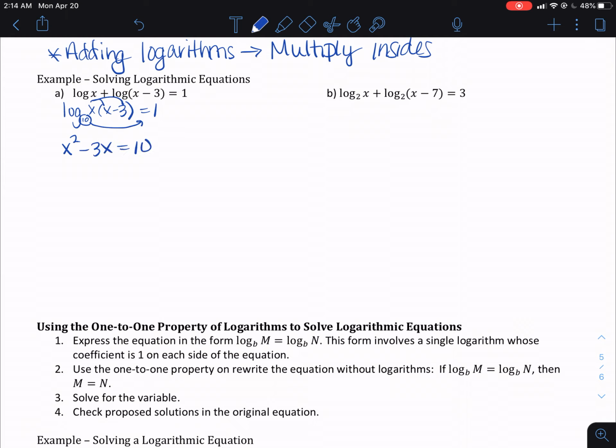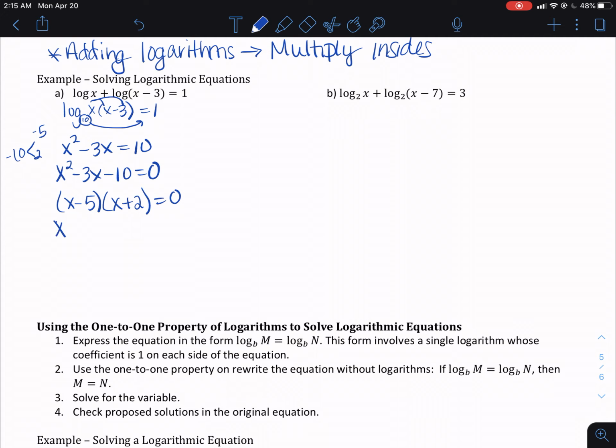Since we have a quadratic, we want to set it equal to 0. We get x squared minus 3x minus 10 equals 0, and we're going to factor. We're looking for factors of negative 10 that add to negative 3, which would be negative 5 and 2. So x minus 5 times x plus 2 equals 0.